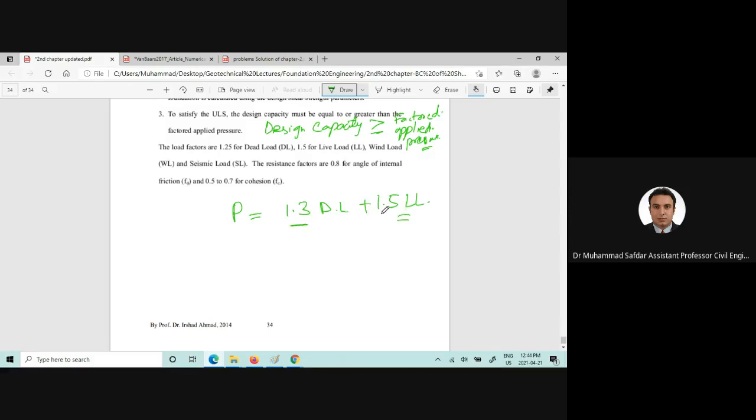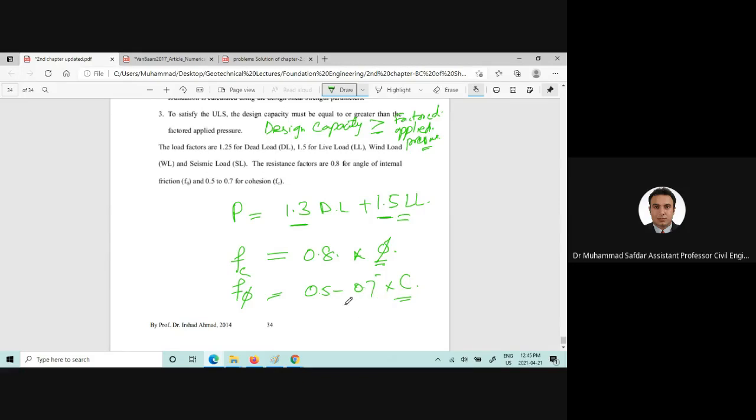So these are the factors which are given by various codes of the countries, and the resistance factors, for example, F C or F phi are applied, and for the F phi it's 0.8 into the angle of friction which you get from the direct shear test, and for the cohesion it would be 1.5 till 1.7 you can get and multiply it with the cohesion.